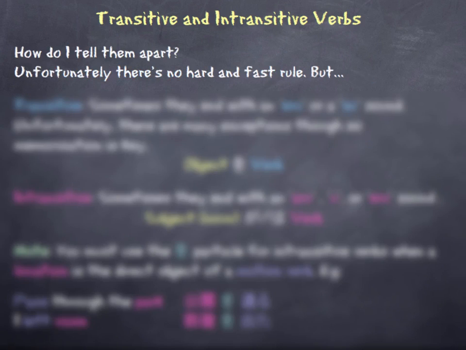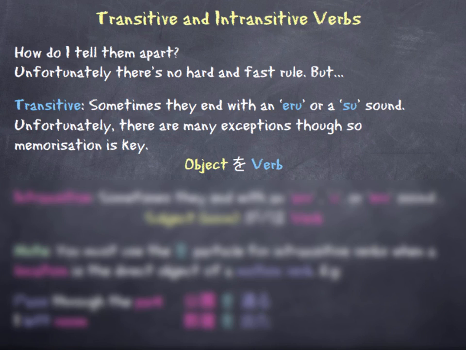So how do we tell them apart? Unfortunately, there's no hard and fast rule, but with transitive verbs, sometimes they end with an eru or a su sound. Unfortunately, there are many exceptions though, so memorization is key. However, another way to identify if a verb is possibly transitive is that directly before the verb will be the particle o.